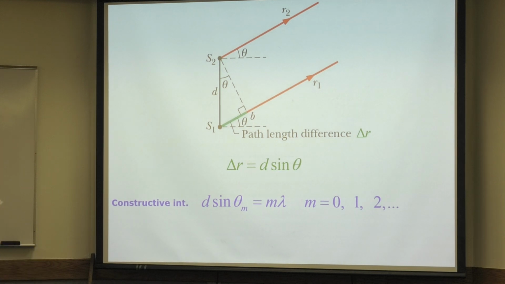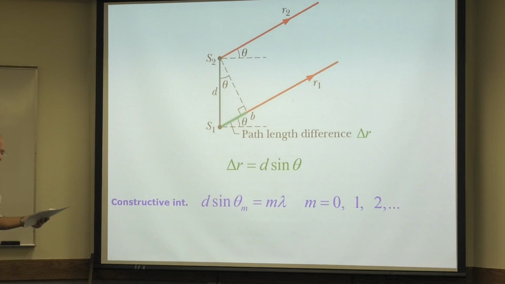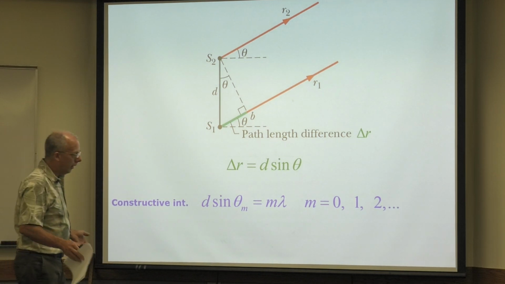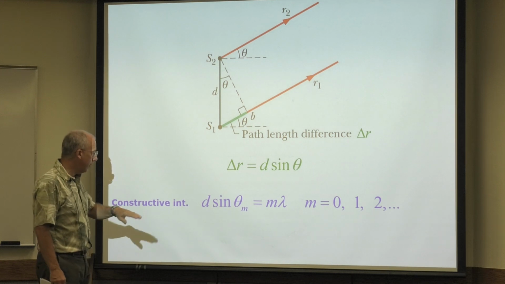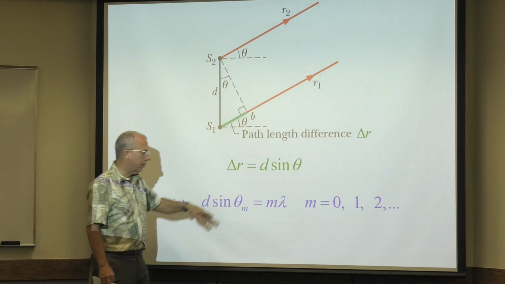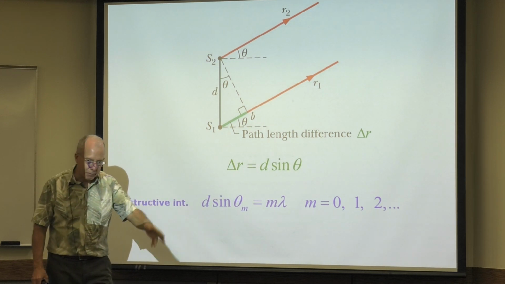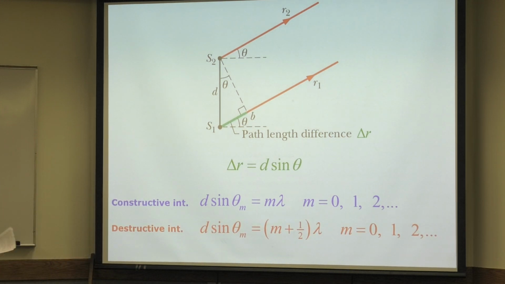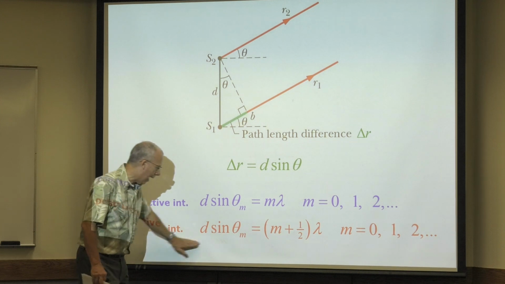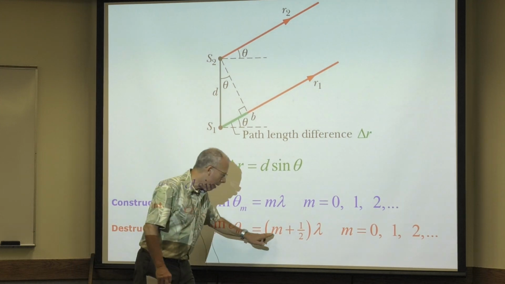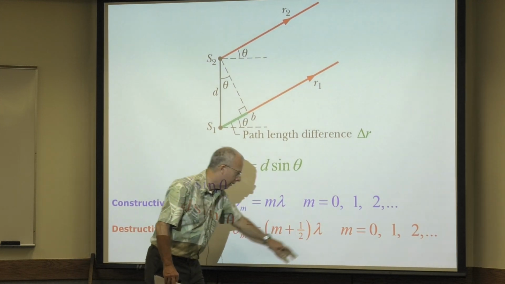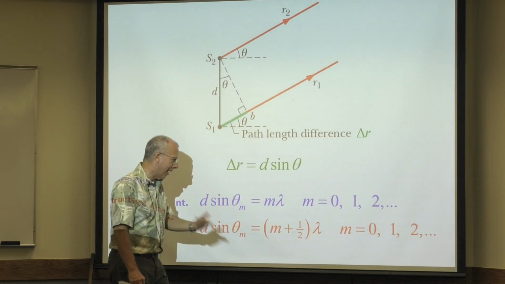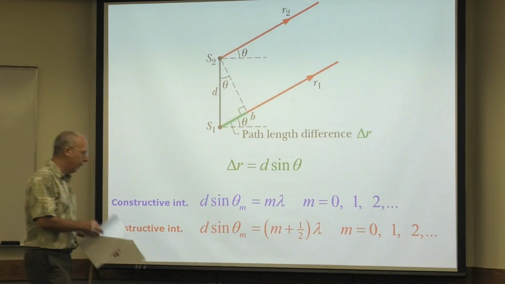All right, so what's the next question? What's the condition for destructive? Well, like you learned in 105, the path length difference has to be half a wavelength, 3 halves, 5 halves, and so forth. So this is a nice way to write it: the path length difference is m plus a half, times lambda, which is 1 half and 3 halves and 5 halves and so on. Okay?